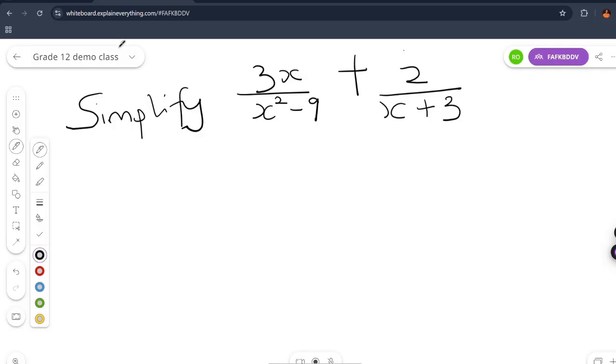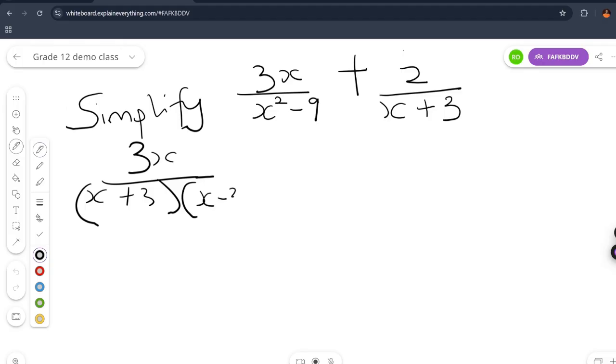So now we will have 3x over (x plus 3)(x minus 3), and then plus 2 over x plus 3.